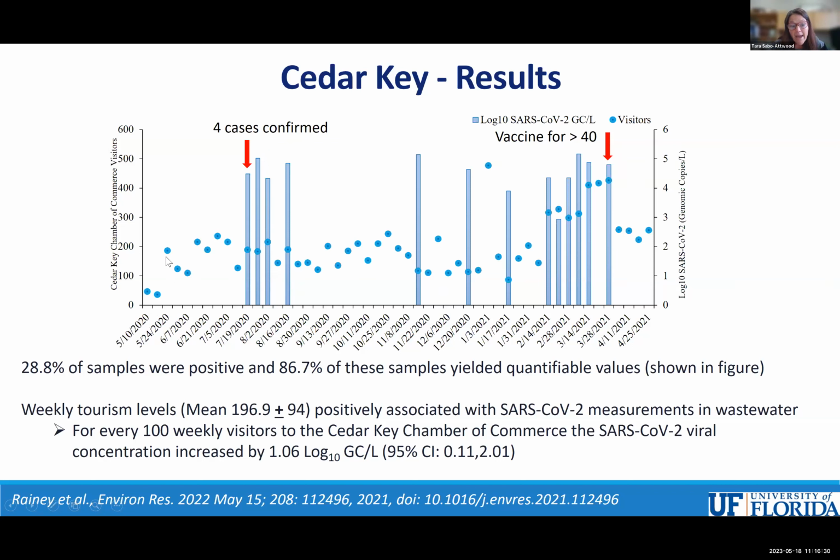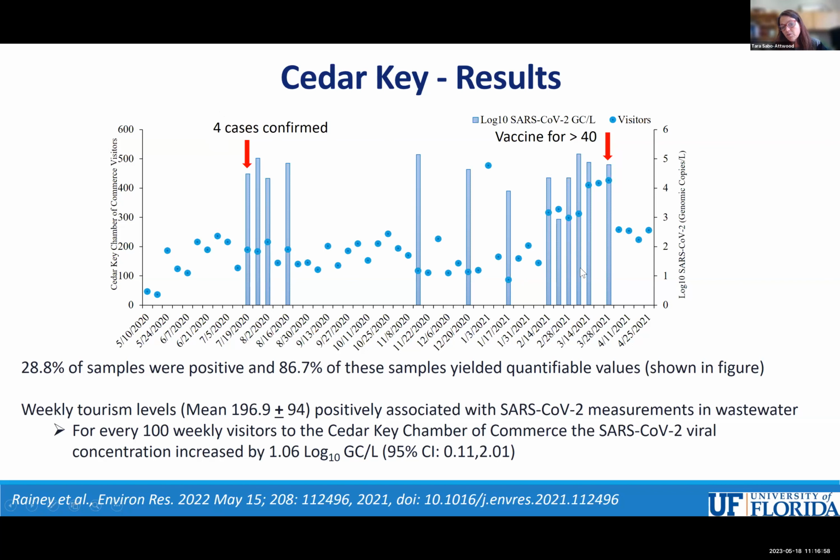Up until about August, there were only 4 cases that were actually confirmed on the island. Then we saw a pretty steady rate of visitors until about February, where we saw a pretty large uptick. That was around the time when everybody started getting back out and moving around in communities.